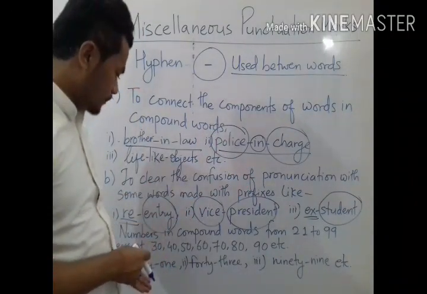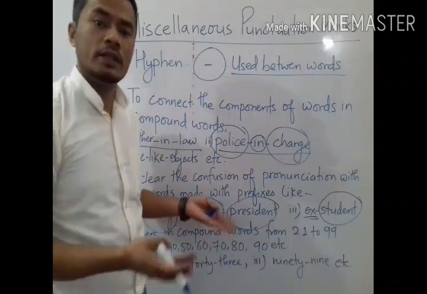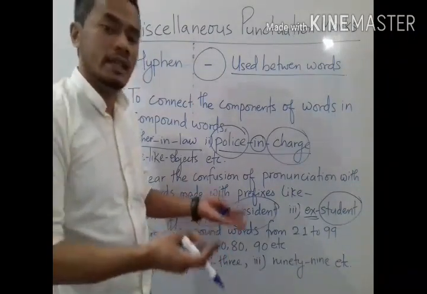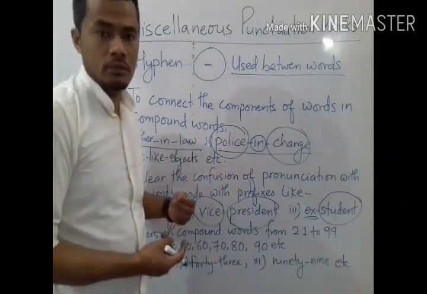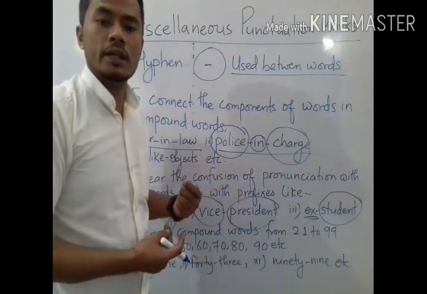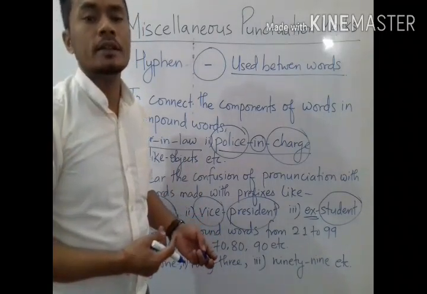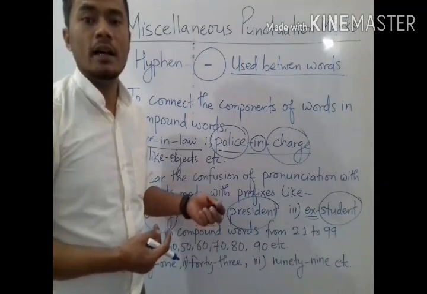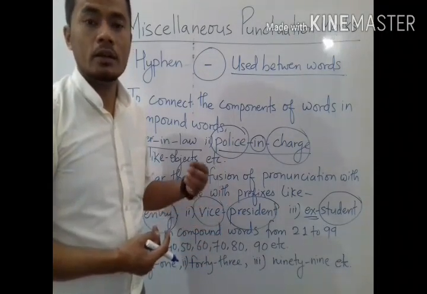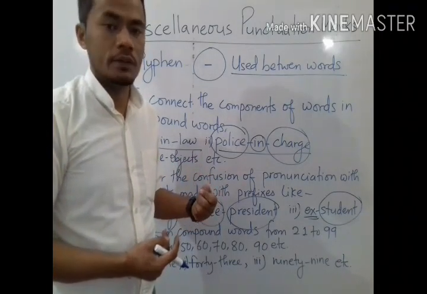In the same way, thirty-one, forty-two, forty-three, ninety-nine. Whenever two words together make the name of one number, they are compound numbers, and they are written using a hyphen.